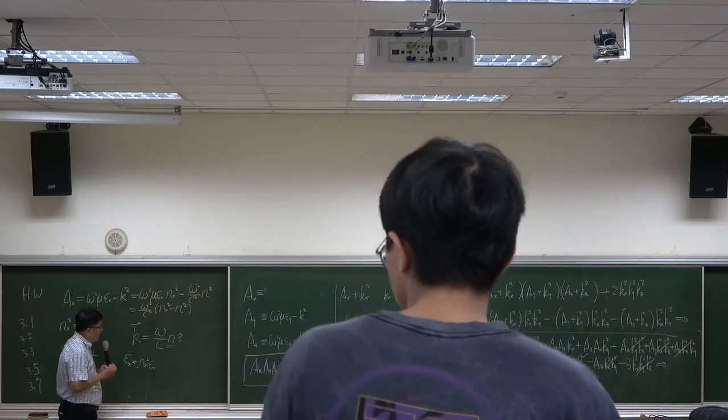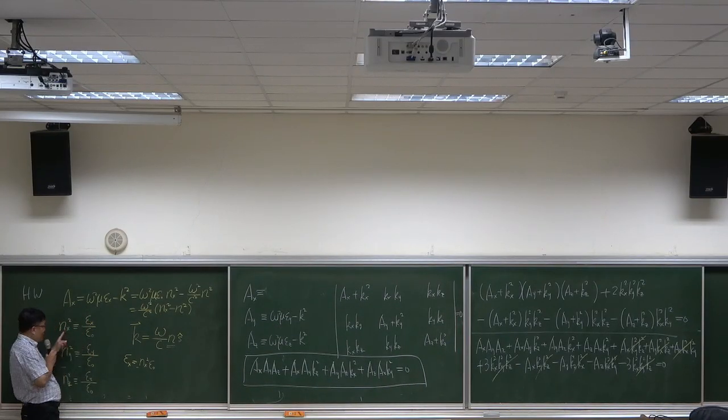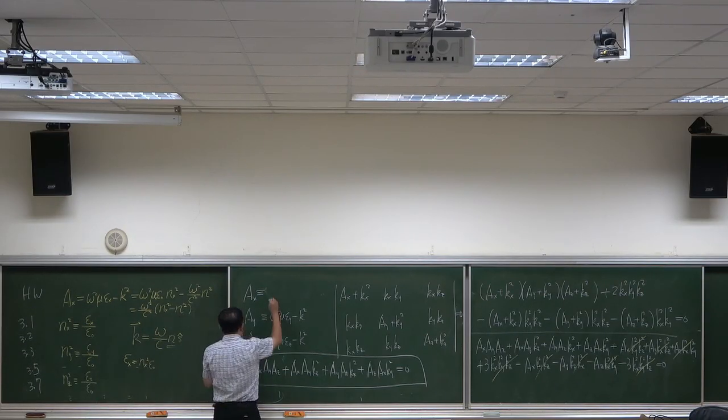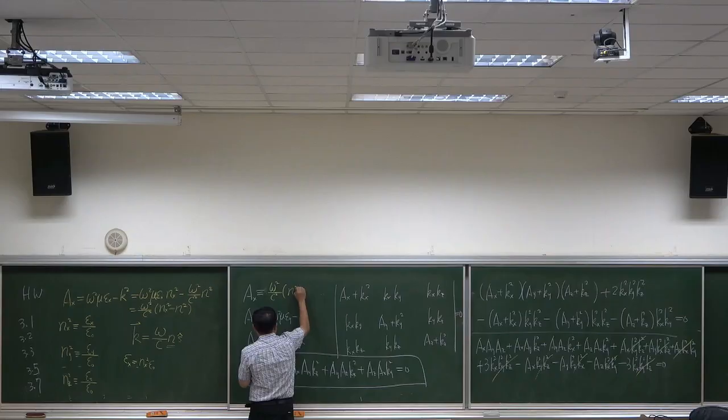Here, nx squared is a known quantity because if we know epsilon x, then we know nx squared. So this is equal to omega squared over c squared times nx squared minus n squared.